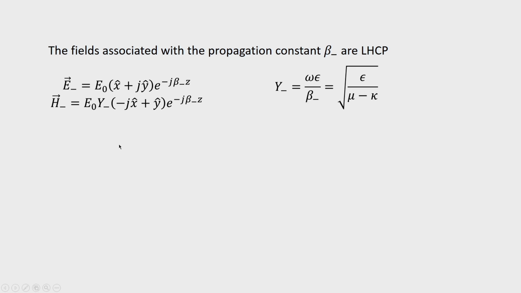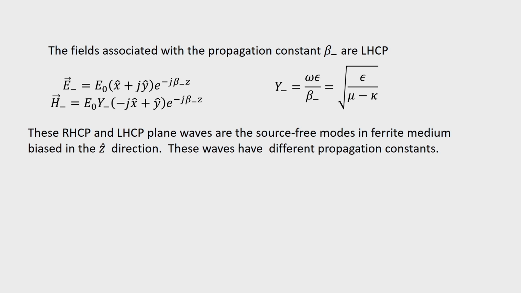And y minus, the wave admittance corresponding to beta minus, is given by under root epsilon by mu minus kappa. These RHCP and LHCP plane waves are the source free modes in a ferrite medium biased in the z direction. These waves have different propagation constants.